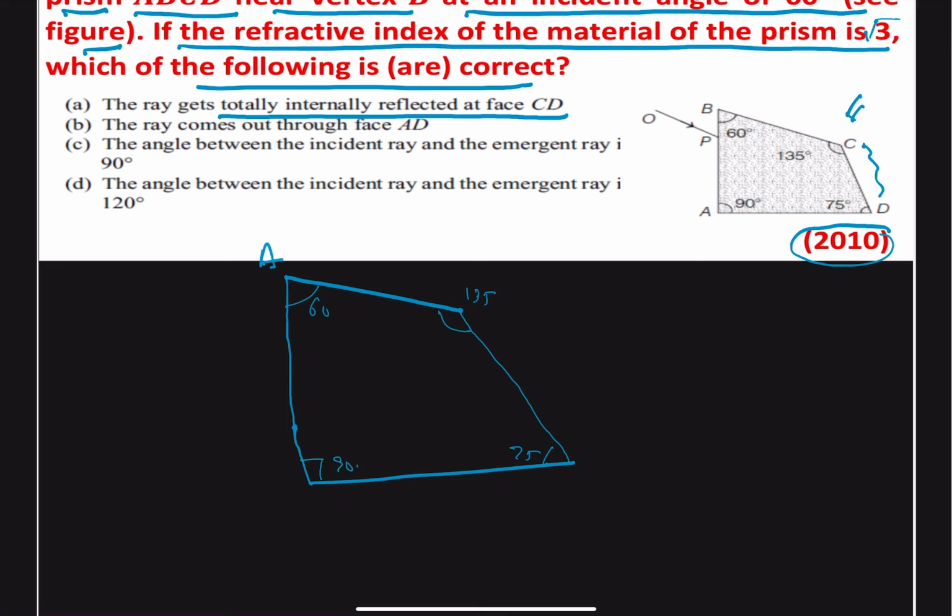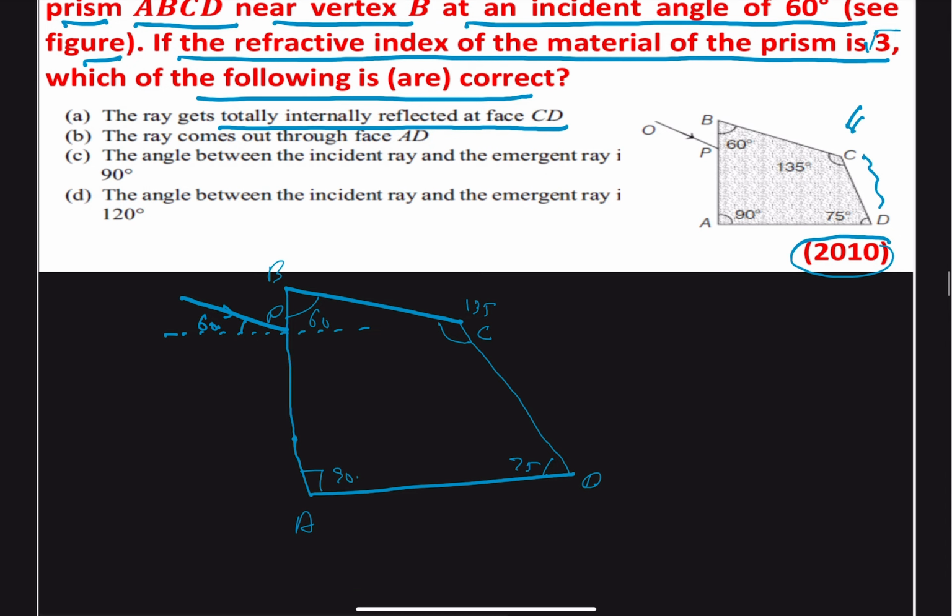This is our B, sorry, not A. A, B, C, and D. And initially the ray is incident at P, and it makes an angle of 60 degree. So this is normal, so incident ray, and this angle will be 60 degree. And we are given the refractive index of material as square root of 3. So it will try to bend toward the normal, something like this, and it is going to strike it here.